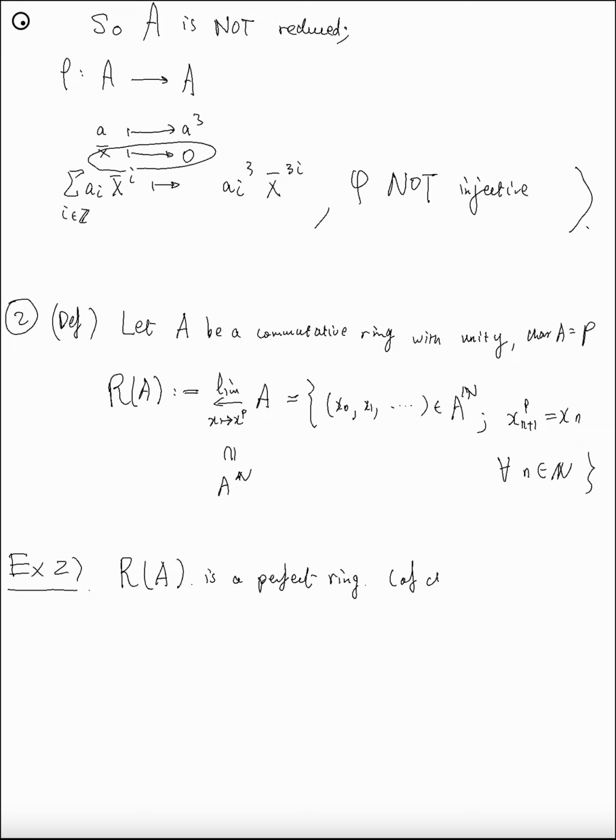Perfect ring of characteristic p, if I want to be more precise. So let's prove this. So I've defined... let me think, should I mention this characteristic at this moment, or should I define it later?